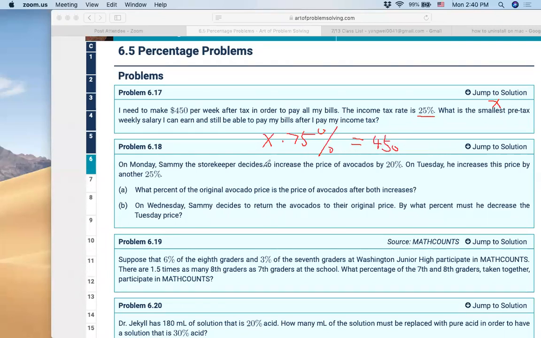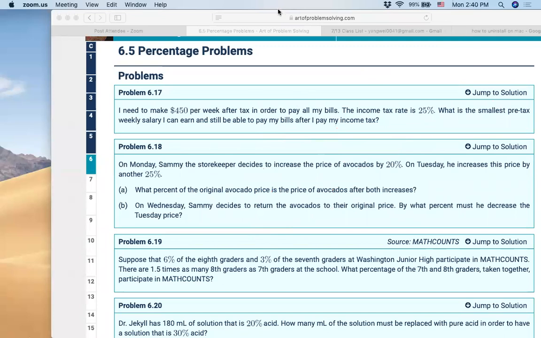Simplify: 3x over 4 equals 450. Both sides have common factor 3, so cancel it out: x over 4 equals 150. Both sides times 4, you get x equals 600. So that's 600. Lily got it correct. Lucy also got it correct. Very good.